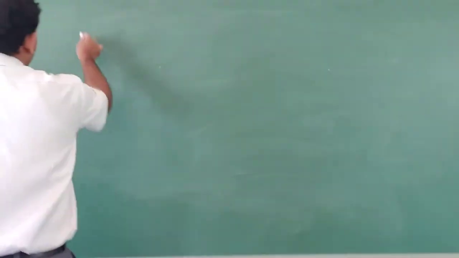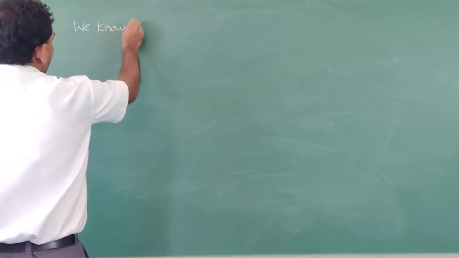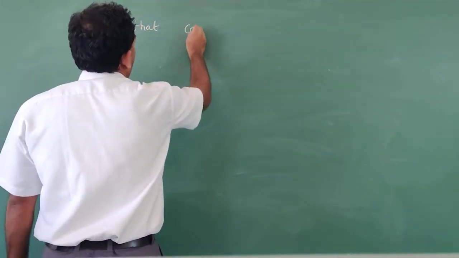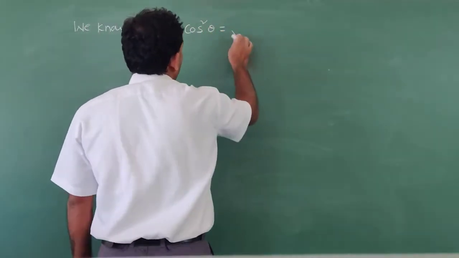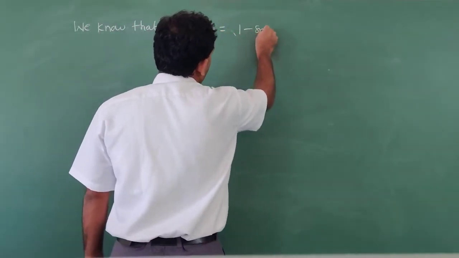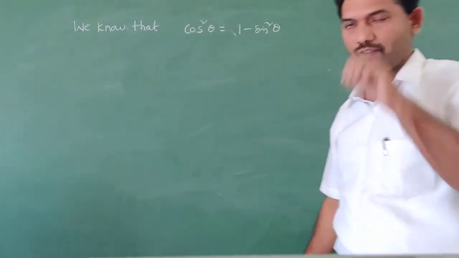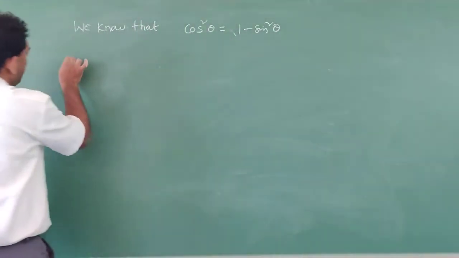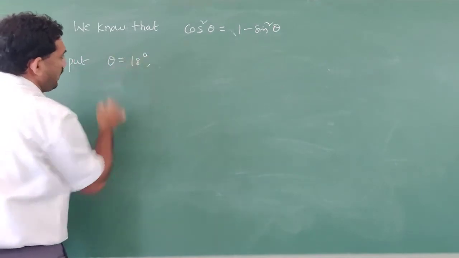Next we know that cos square theta is equal to 1 minus sin square theta, right? So put theta equal to 18 degrees here.